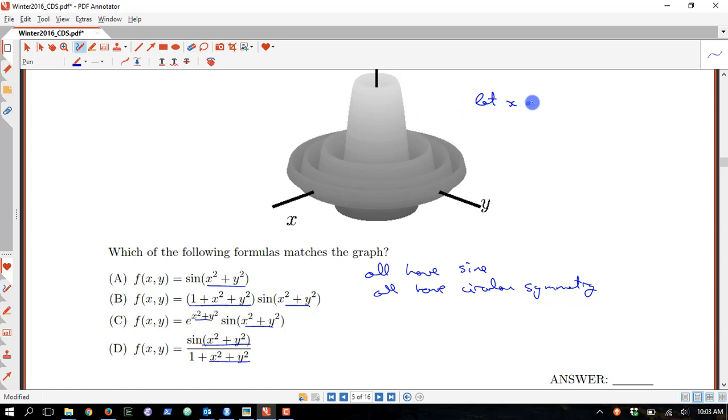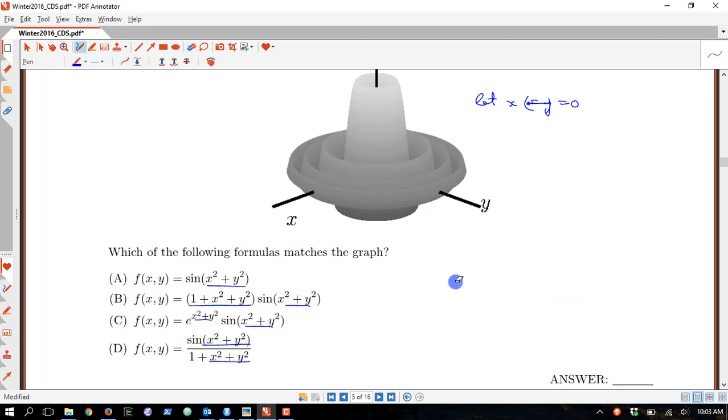We can let x or y equal 0. Why don't we let x equal 0? We can do the y if we want later, though there's not much point because everything's going to be the same along x and y. So we let x equal 0, and if we do that, we get a series of graphs.